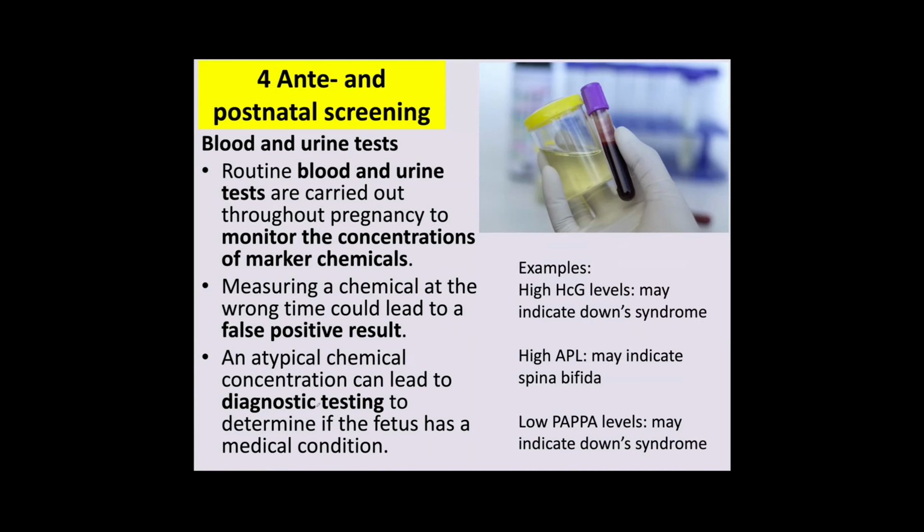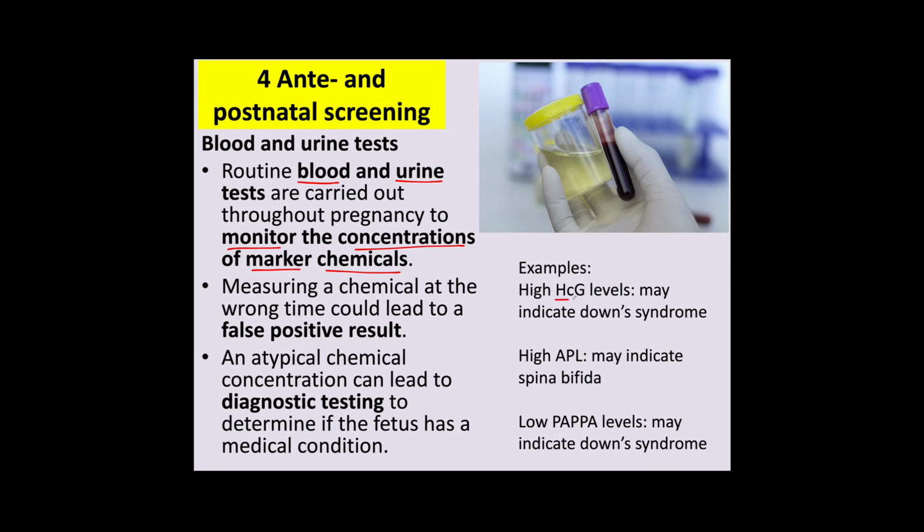So throughout pregnancy, from the moment the mum realises that she's pregnant and throughout the rest of the pregnancy, there'll be routine blood and urine tests. Now, they're carried out throughout the whole of the pregnancy to monitor concentrations of things called marker chemicals. So there's a few examples here.